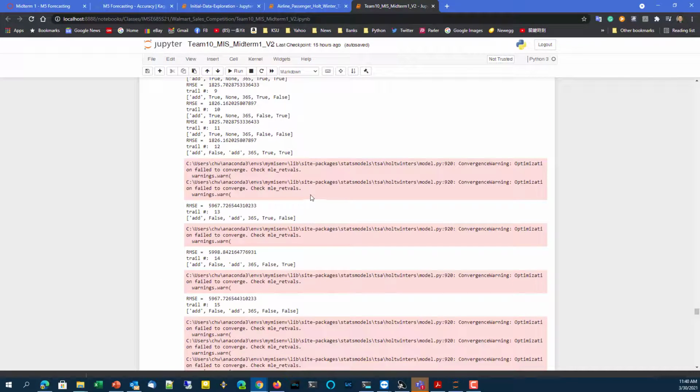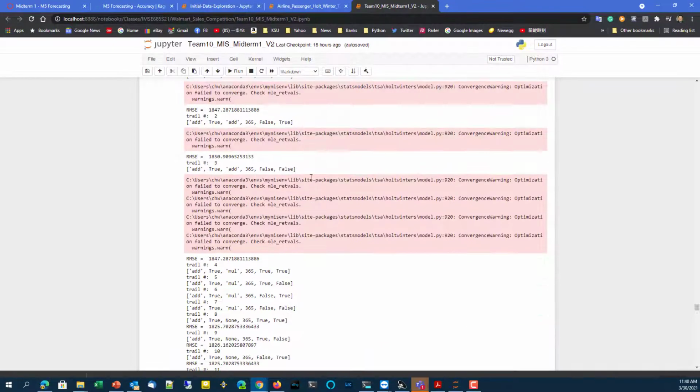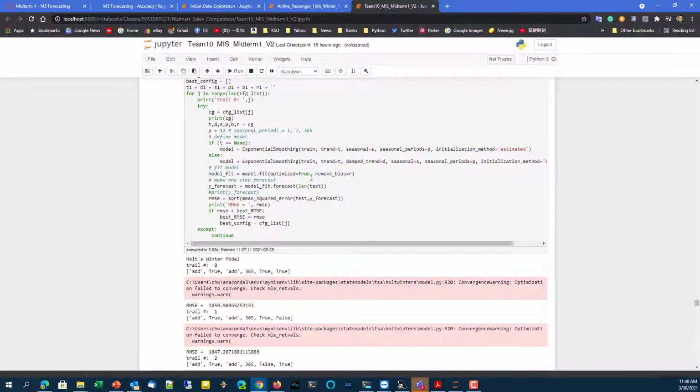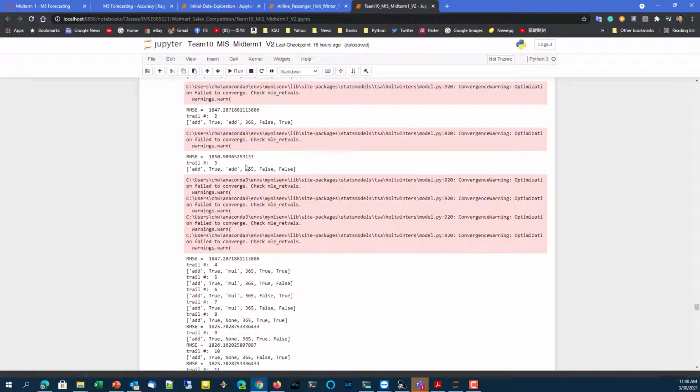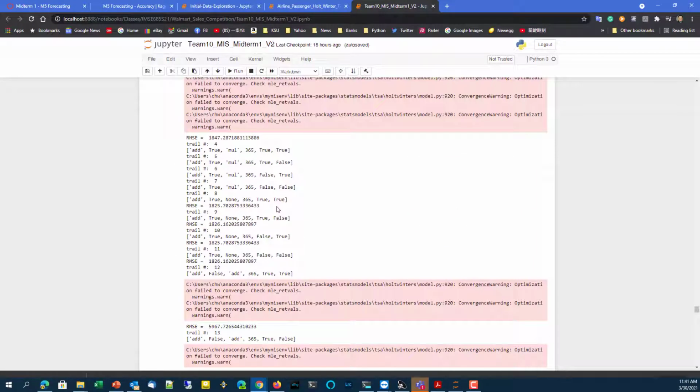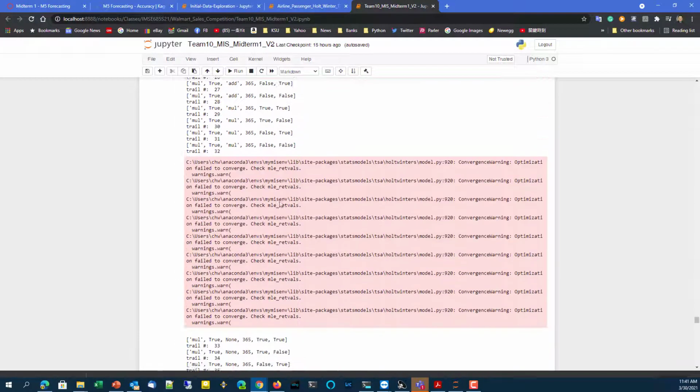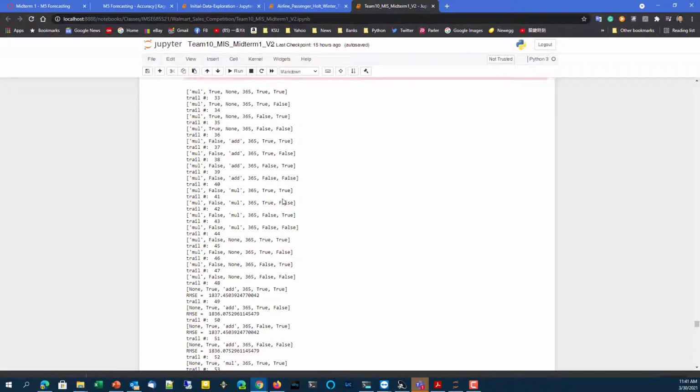It went okay. And I calculated the root mean square error and printed it out for each iteration. All of them are working okay. I did it yesterday for another team.